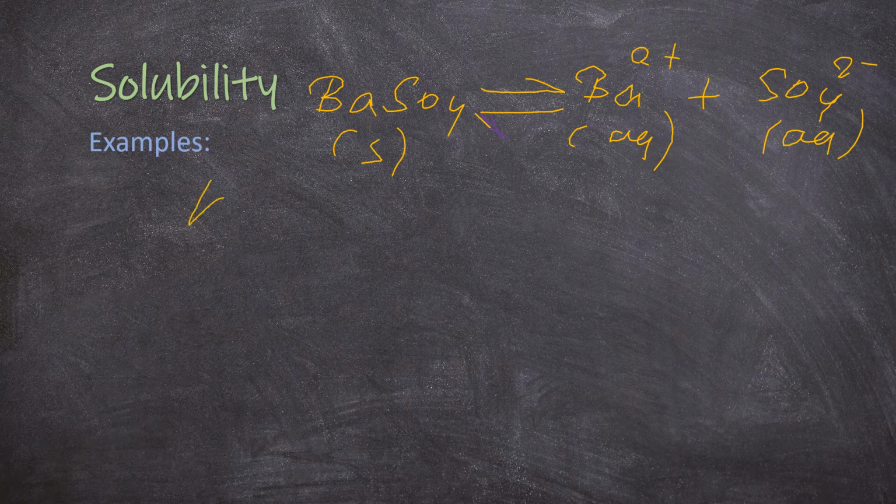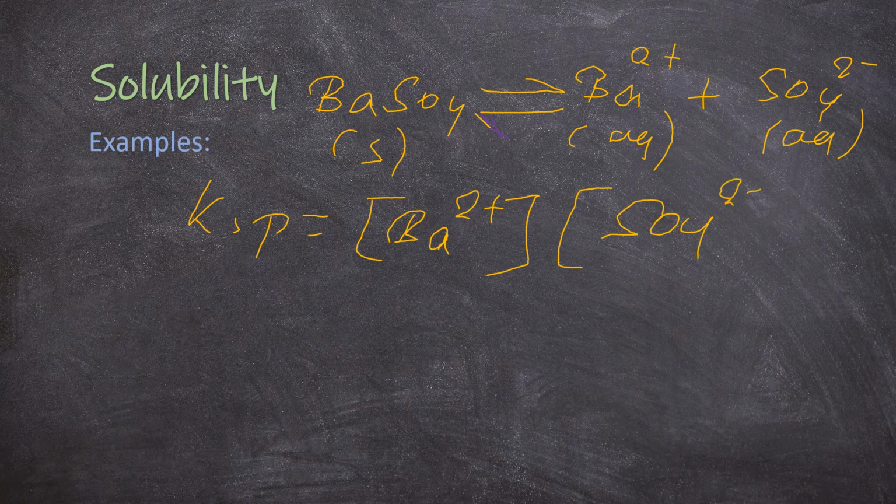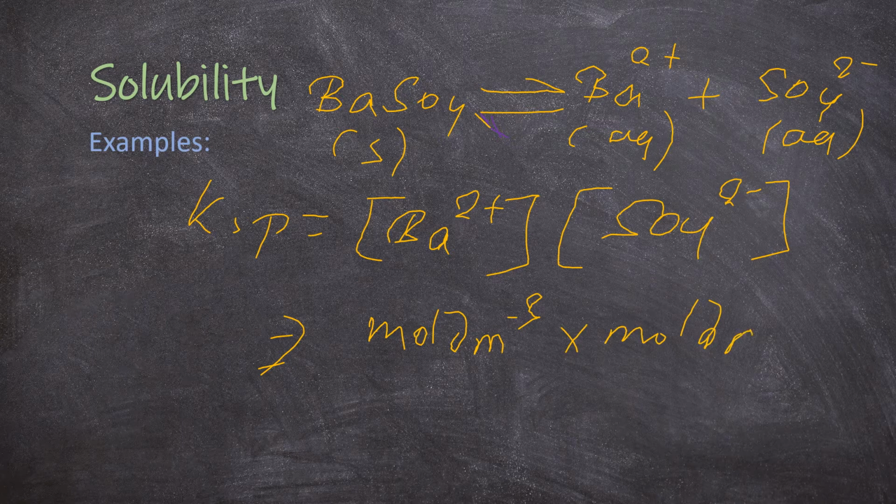And we know that Ksp is [Ba2+] and [SO4 2-]. And what would be the unit? You know that the unit of this particular is mole per dm3 times mole per dm3, which gives mole squared per dm6.